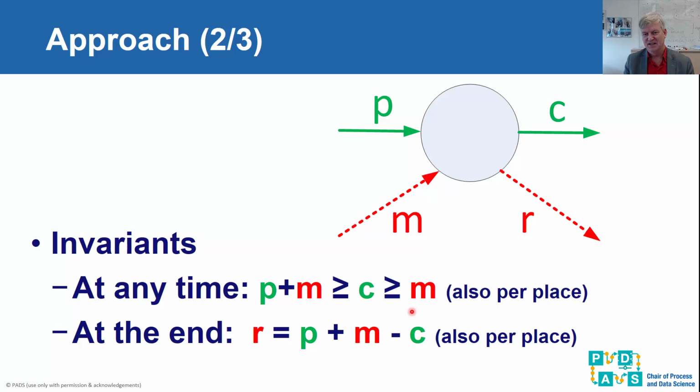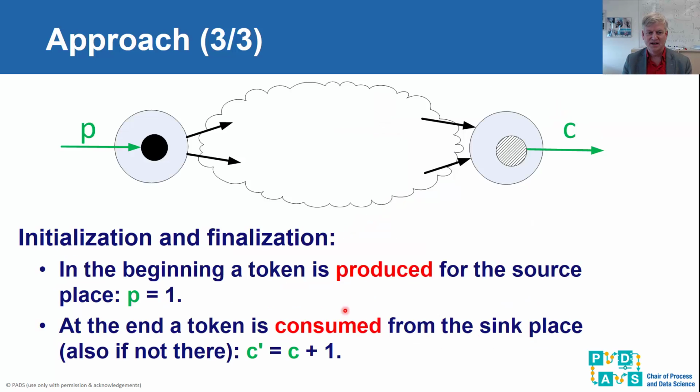So the number of missing tokens can never be bigger than the number of consumed tokens, right? Because there has to be something missing. Similarly, you can derive that P plus M should be bigger than C. Places cannot go negative. So these are some invariants that are there.